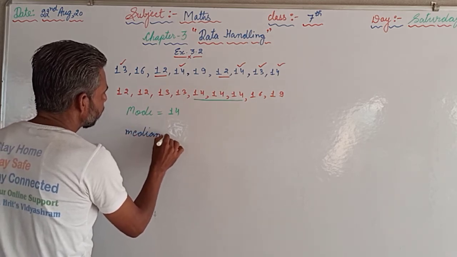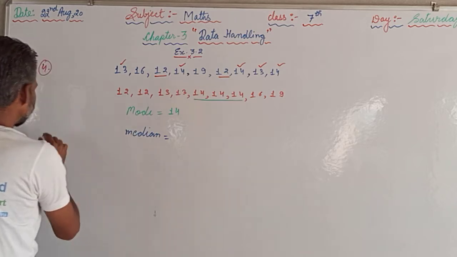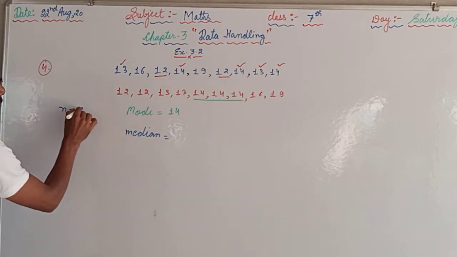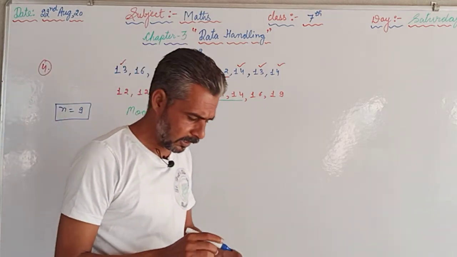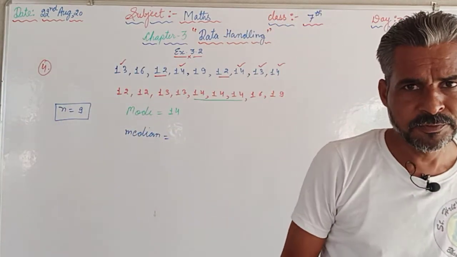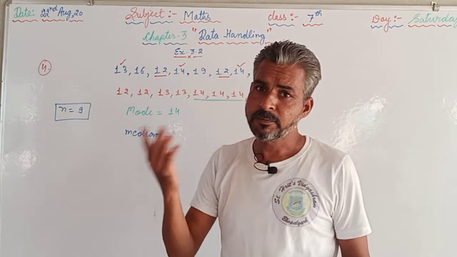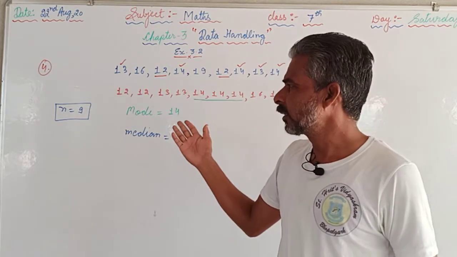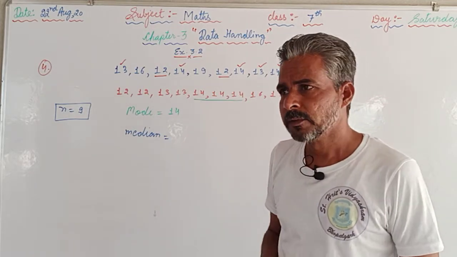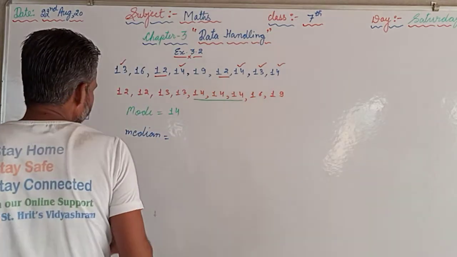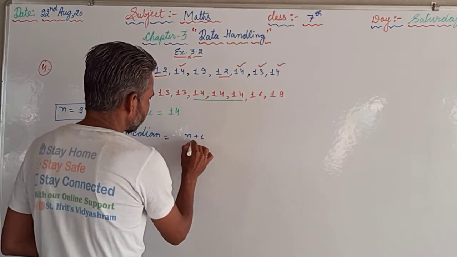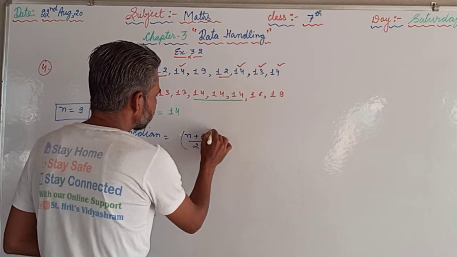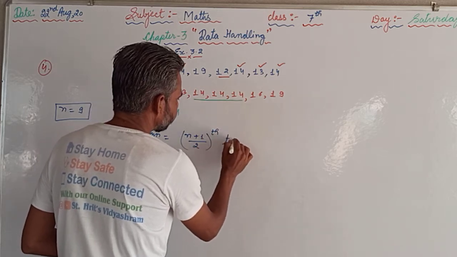first of all we have to write the value of n. n is here 9, the number of observations. I told you previously, if the number of observations is even or odd, the formula will be different. Here the number of observations is odd. For an odd number of observations, the formula is (n plus 1) by 2 th term.